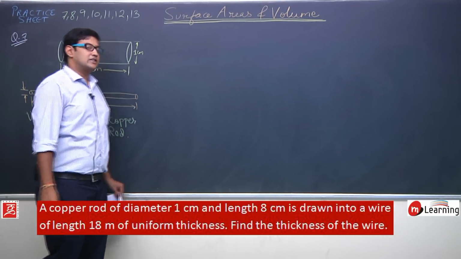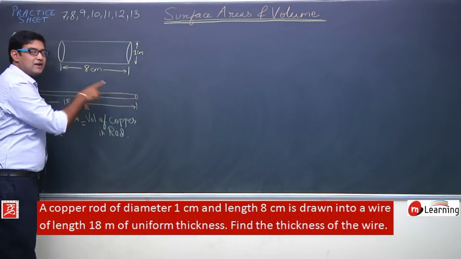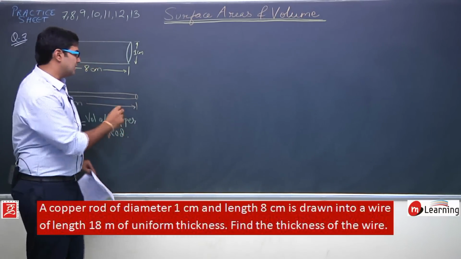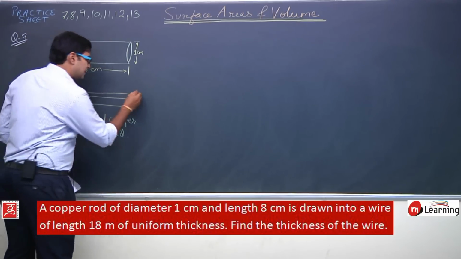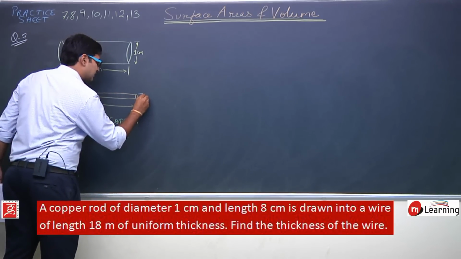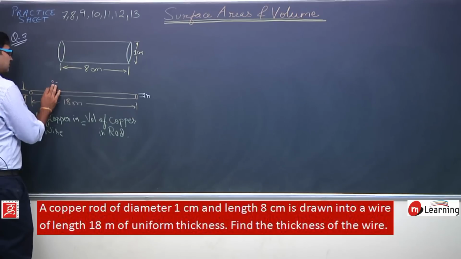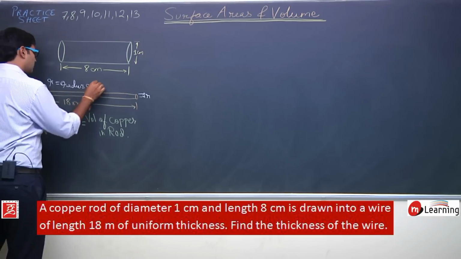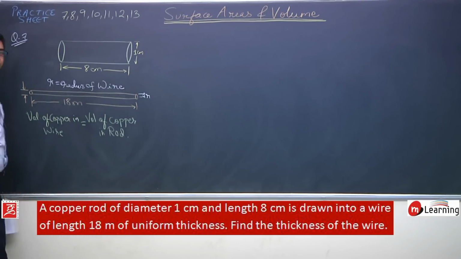What we can observe is that the rod is a cylindrical solid figure and the wire is also a cylindrical solid figure. Okay, wire looks like a cylinder. So what should be the volume of wire? If I assume that the radius of this wire is, let us say, r, okay, r is the radius of wire.